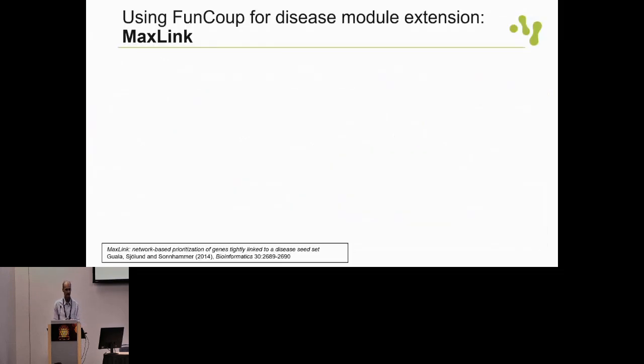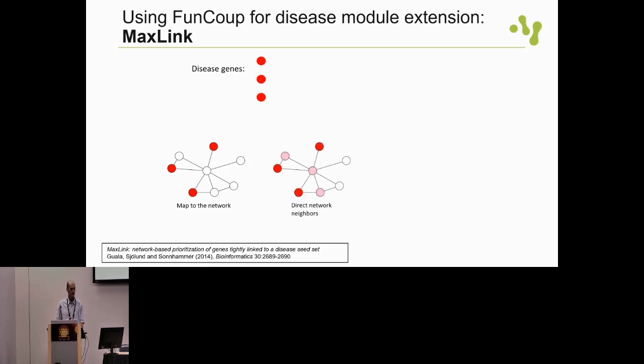But let's get back to FunCoup and use it for finding disease genes. There's an algorithm that we call MaxLink, where let's say we have some disease genes, in this case only 3. We can map them into the network, find the neighbors, and then do some statistics, a type of geometric test, to see which of the new genes that were not in the disease gene set are significantly connected to the disease gene set.